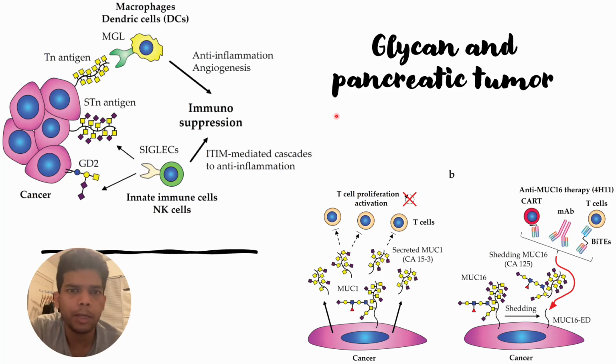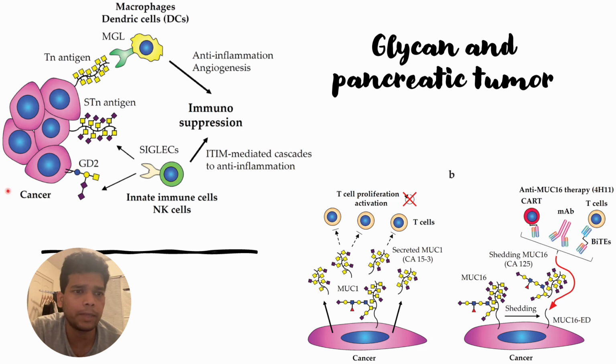Today we will discuss how this glycan plays a role in tumor progression, and what the therapies are that can be used to target these tumor cells using this glycan. So let us first understand how these glycans get modified in the case of solid tumors.